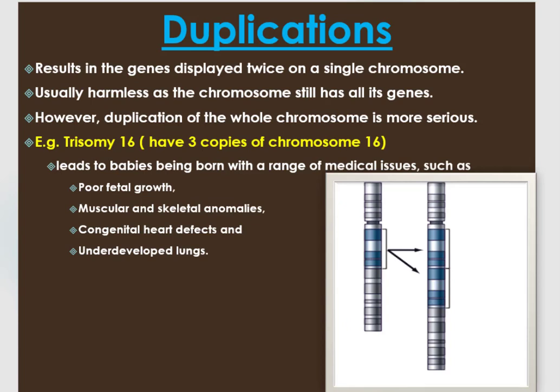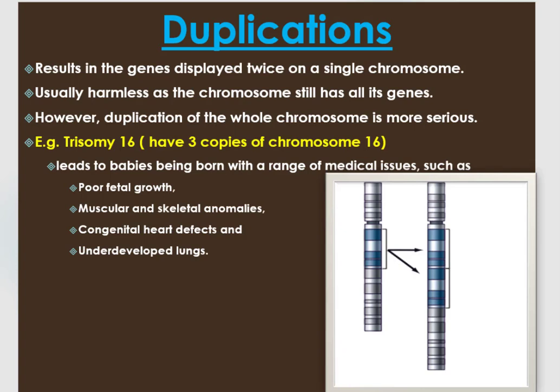Duplication as a cause of chromosomal mutation results in genes displayed twice on a single chromosome. These are usually harmless as the chromosome still has all its own genes. However, duplication of the whole chromosome is more serious.